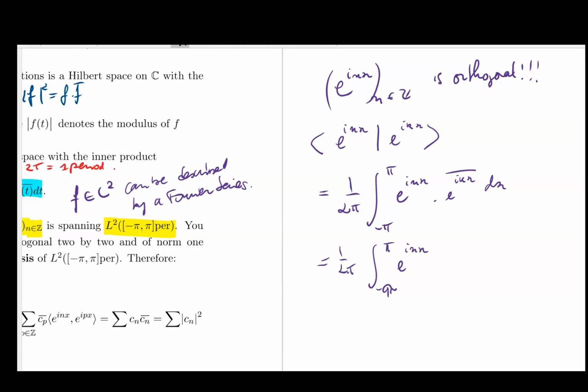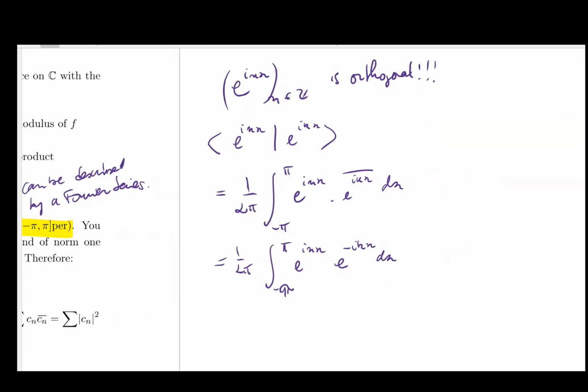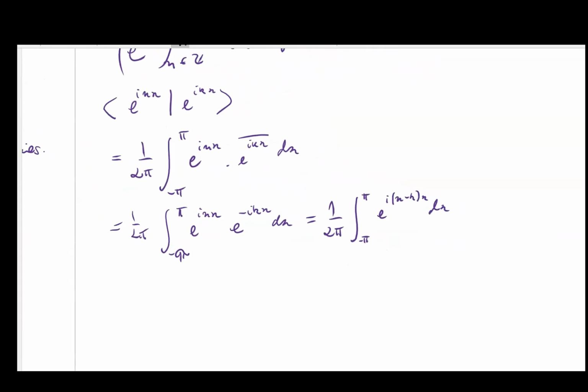The conjugate of e^(ikx) is e^(-ikx), and that is equal to 1 over 2 pi times the integral from negative pi to pi of e^(i(n-k)x) dx.